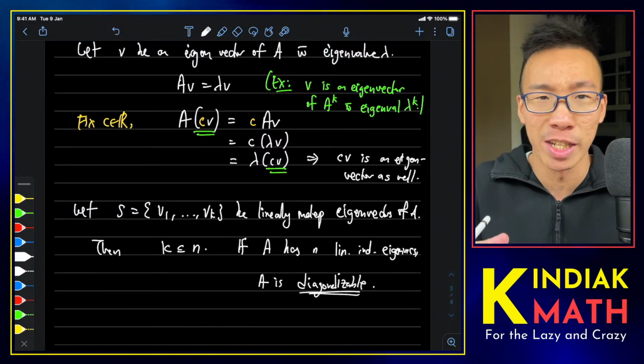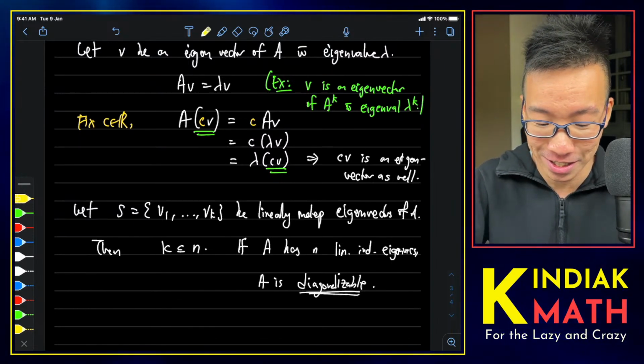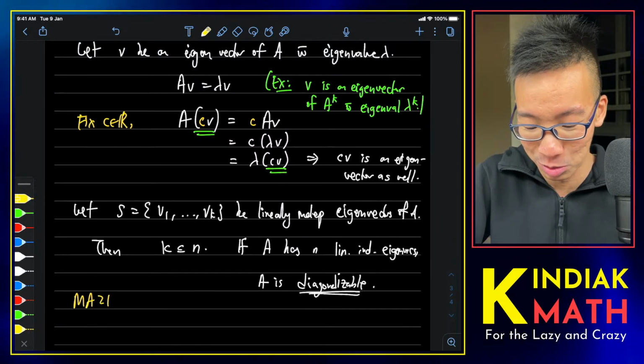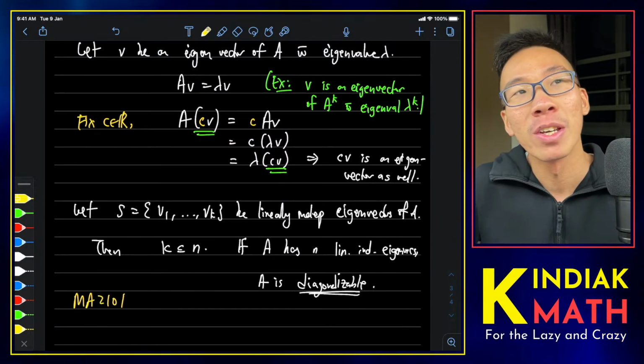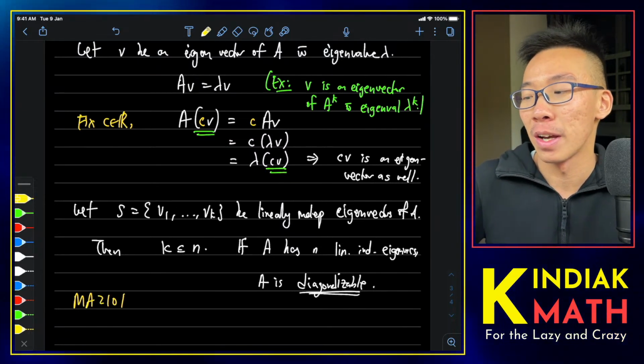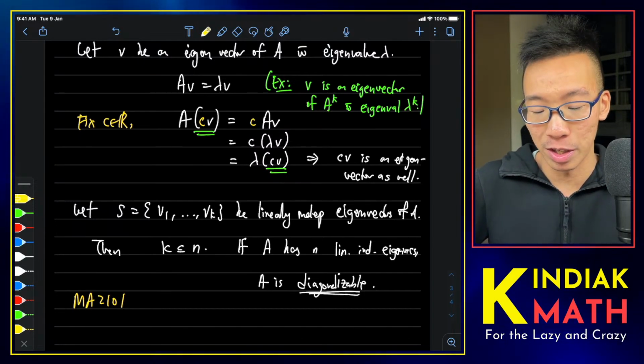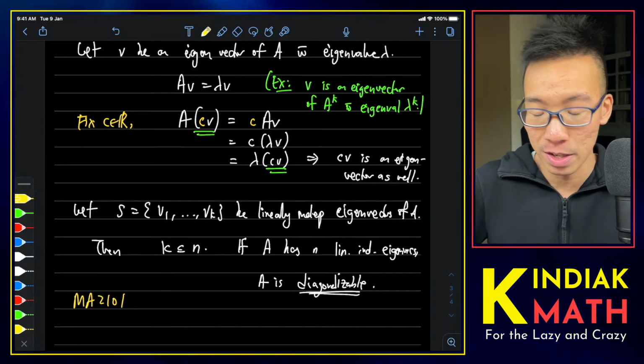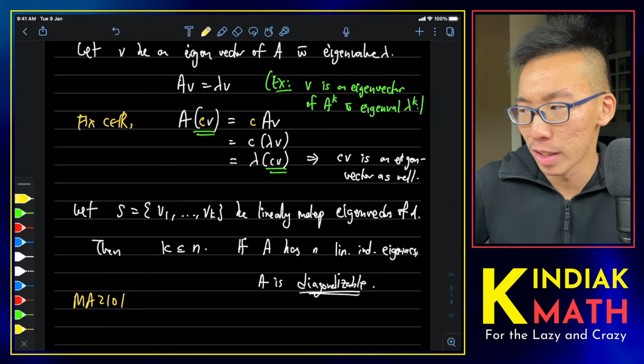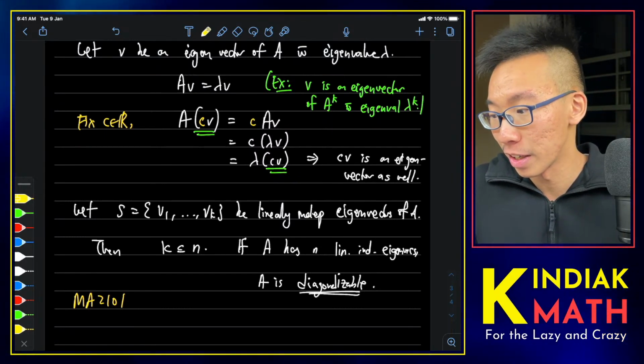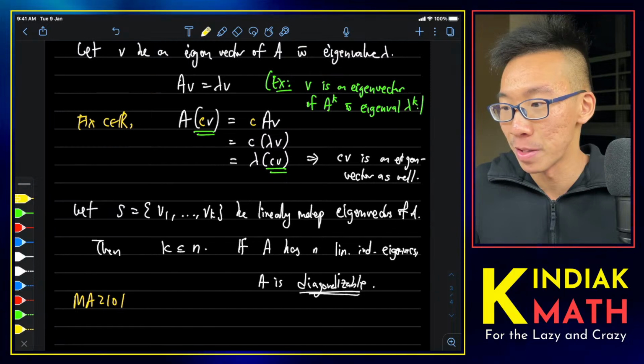Complex numbers have really nice properties. You can go check it out in Linear Algebra 2, MA2101. Really fun stuff there. But for now, we are working within vector spaces over real numbers, which means the recipes you're working with are real number recipes.